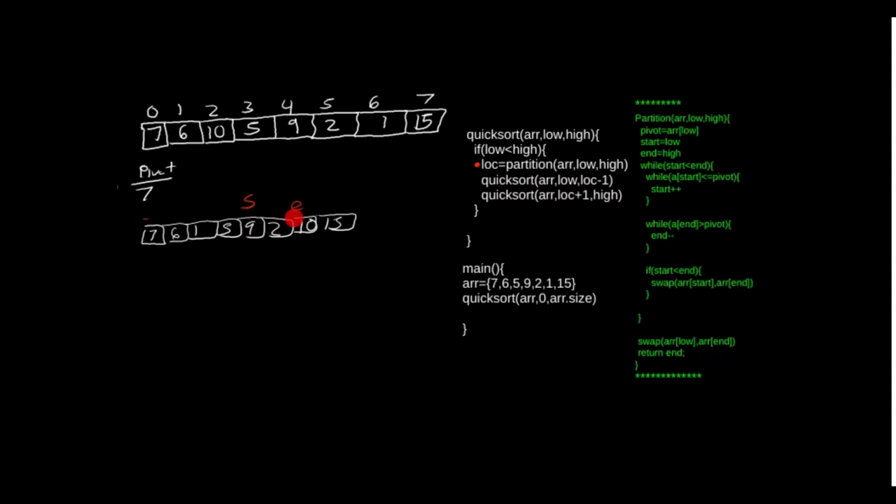And now we execute the while end loop. And we go, okay, is 10 greater than 7? Yes. Is 2 greater than 7? Nope. So we stop it there.